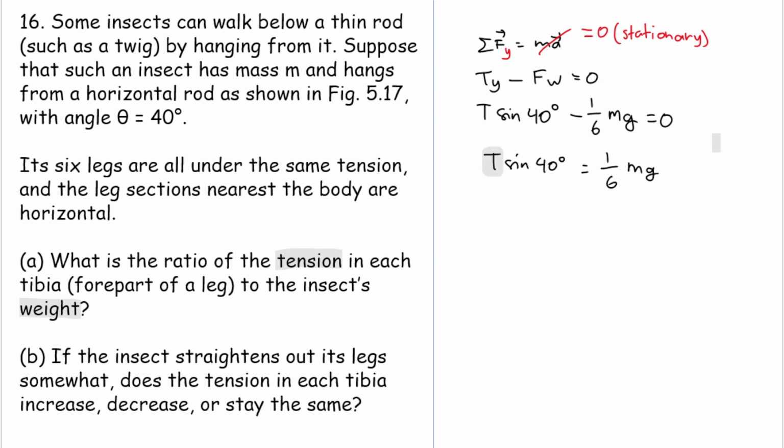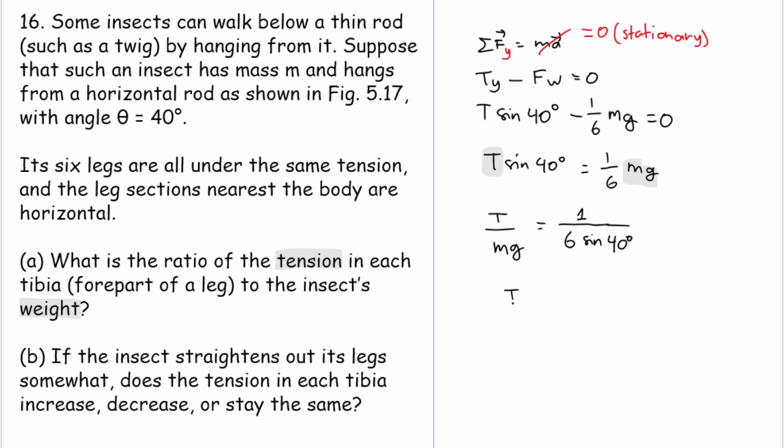The tension is this, and the weight is this one, right? So we will have T divided by mg, and that will equal what is left. So I will have 1 over 6 sine 40 degrees. Good.